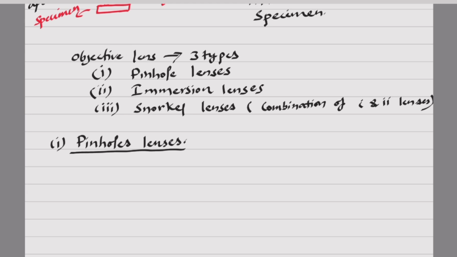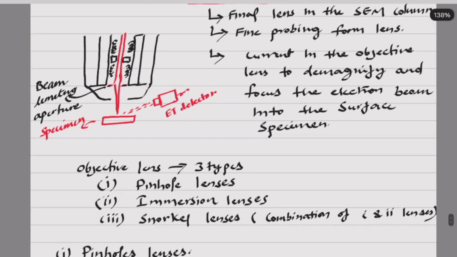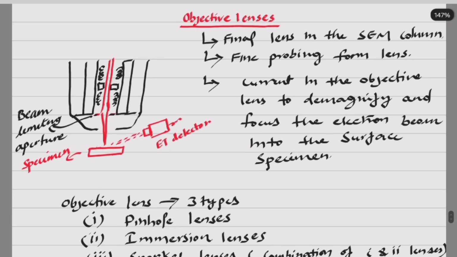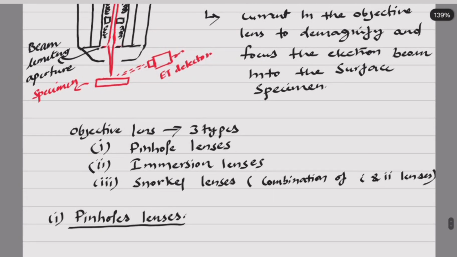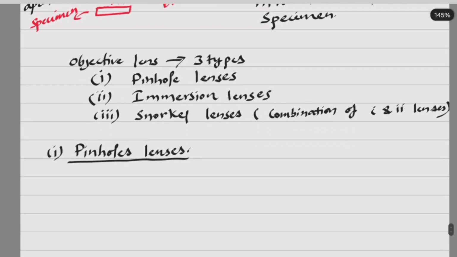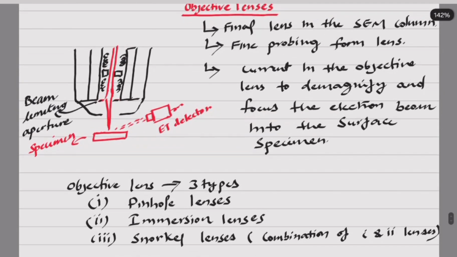In this image we can see the arrangement of the pinhole lens. Here the specimen is placed just below the objective lens. This is the specimen, and this is the objective lens, where here is the beam limiting aperture.